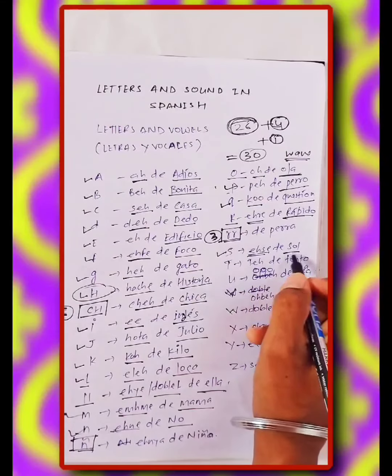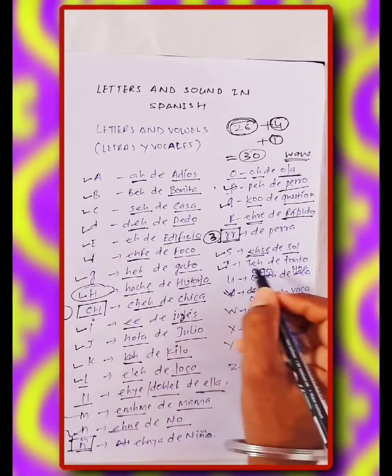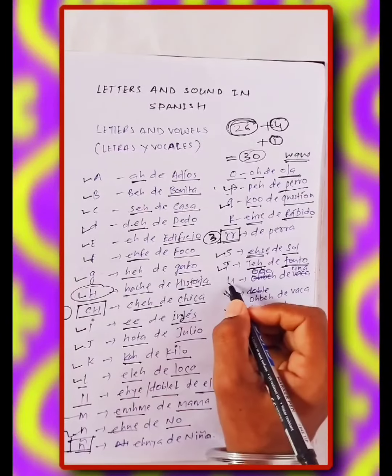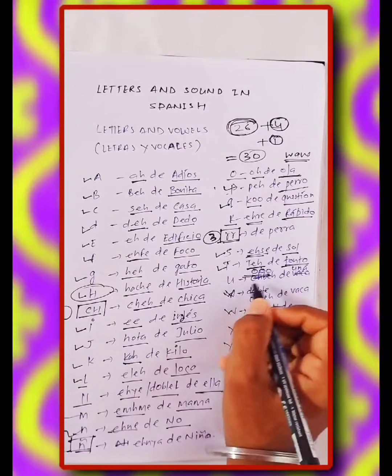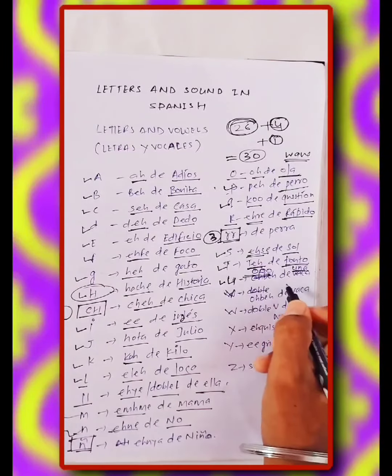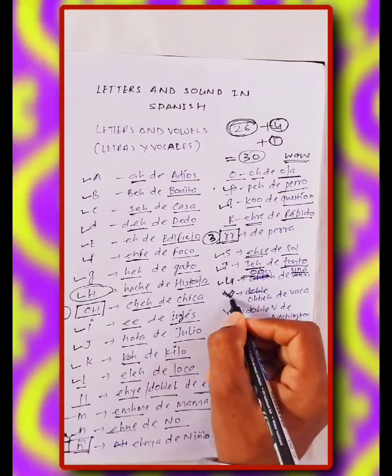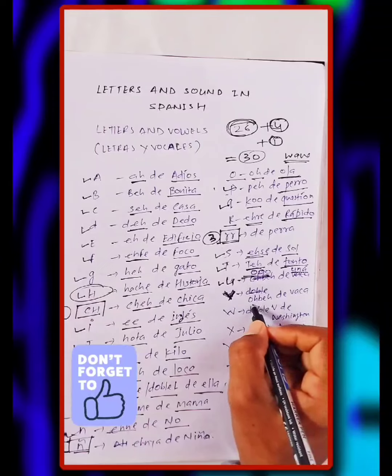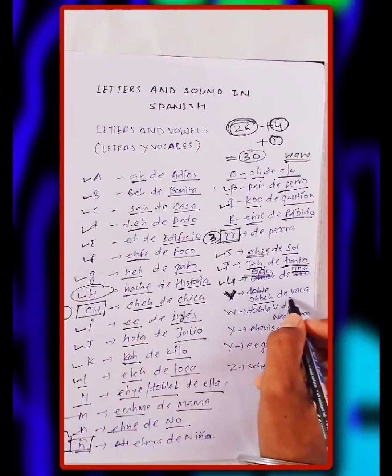Ese de sol means sun. Te de tonto. U will be pronounced as "u", de una. V in English is "vee" and will be pronounced as "uve", de vaca.